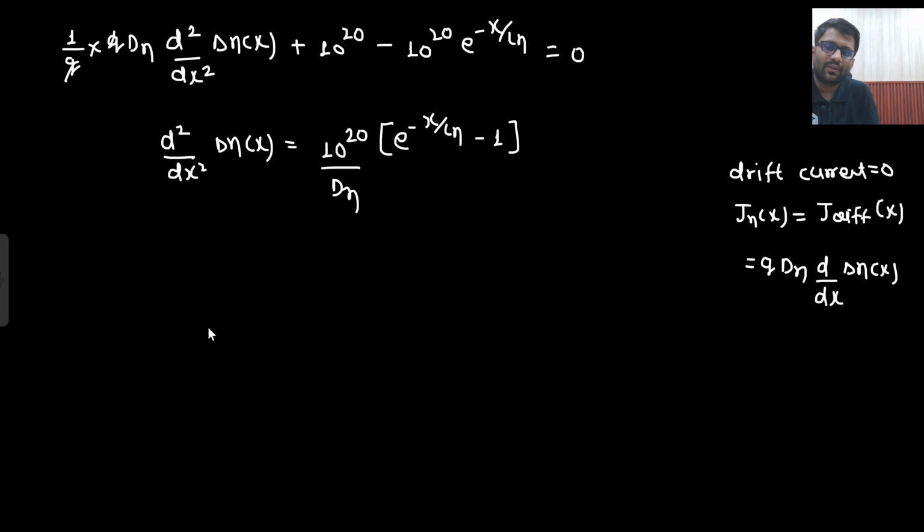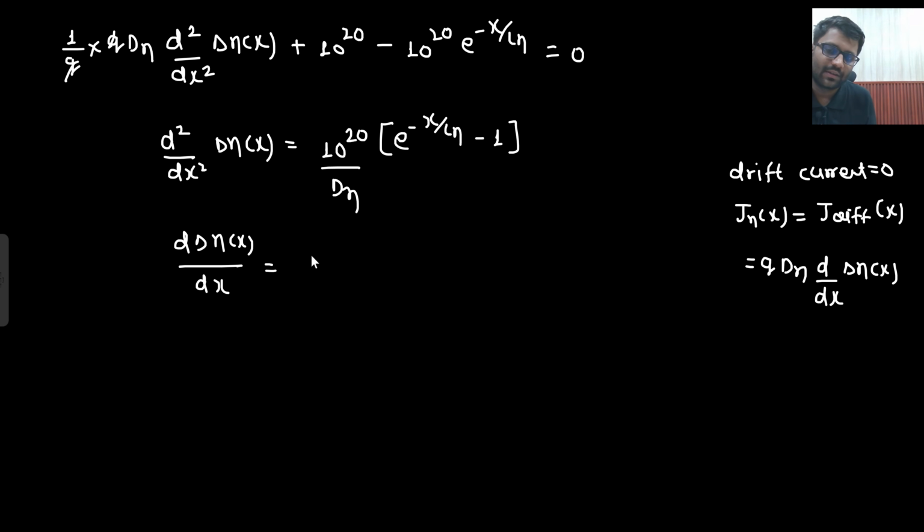Sorry guys. Look, q and q got cancelled out. Dn, I have taken this part to this side, so the 10 to the power 20 e to the power minus x by Ln would be plus and this will be minus, and Dn I have just put downward. All good. Now what do I need to do? I need to do the integration on both sides. So if I do the integration on both sides, what am I getting?